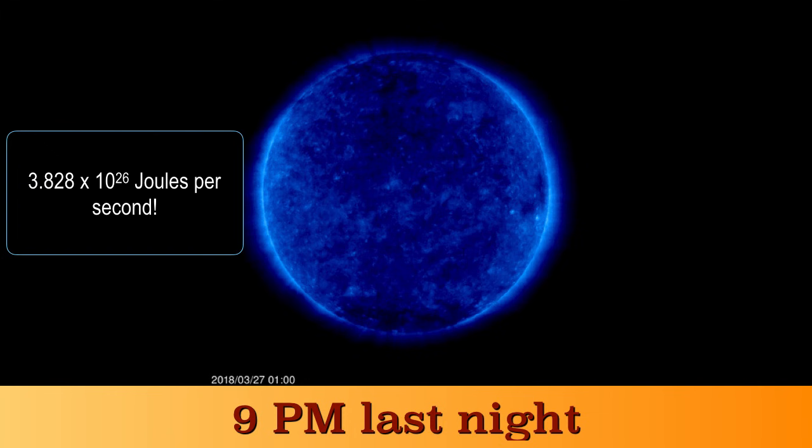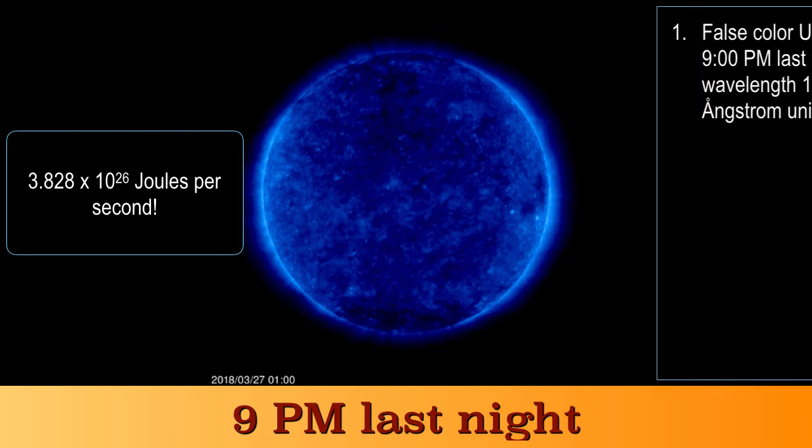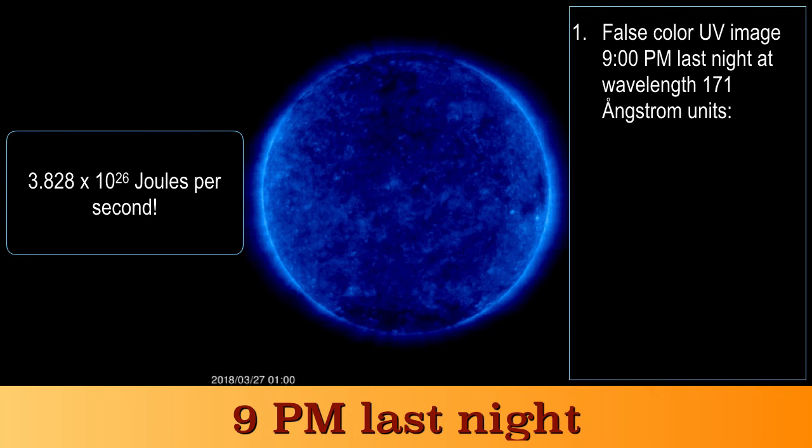Okay, so this is false color ultraviolet, but the Sun puts out a lot of ultraviolet. It puts out a lot of visible ROYGBIV wavelengths. It puts out a lot of infrared as well.